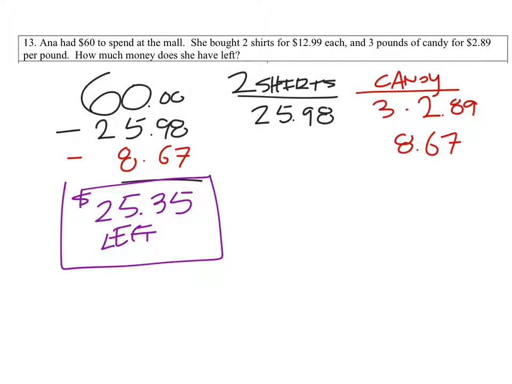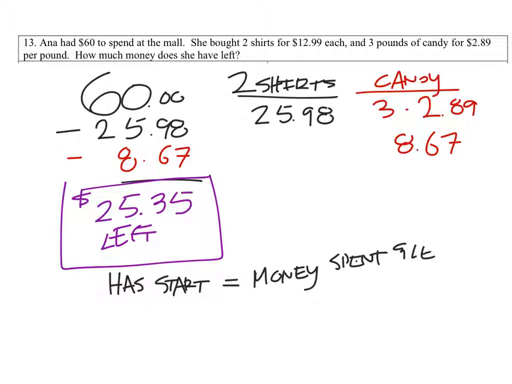Question. So we got money that she has to start, and then this should equal the money from spending, money spent and money left over. So the money she started out with was $60.